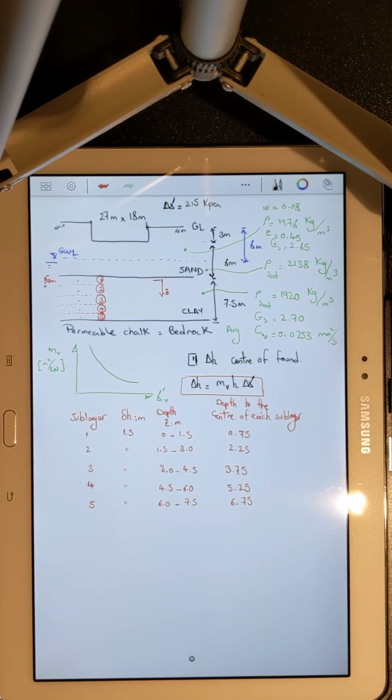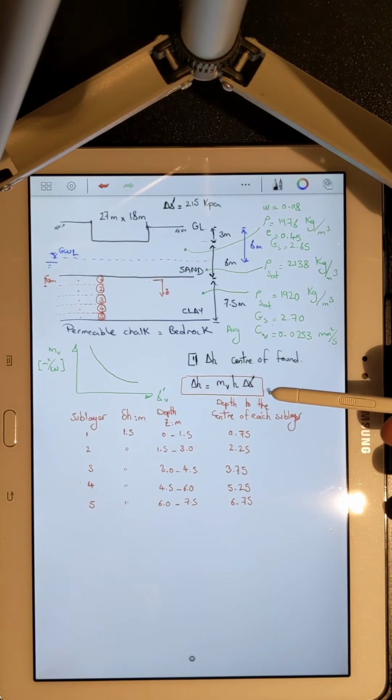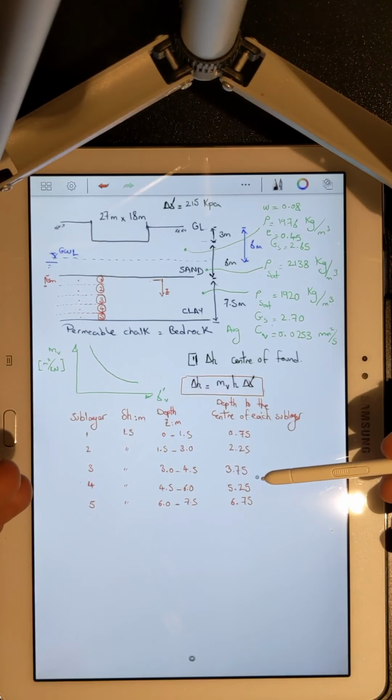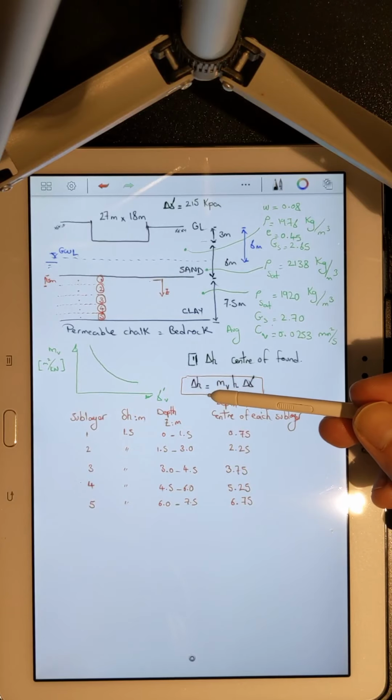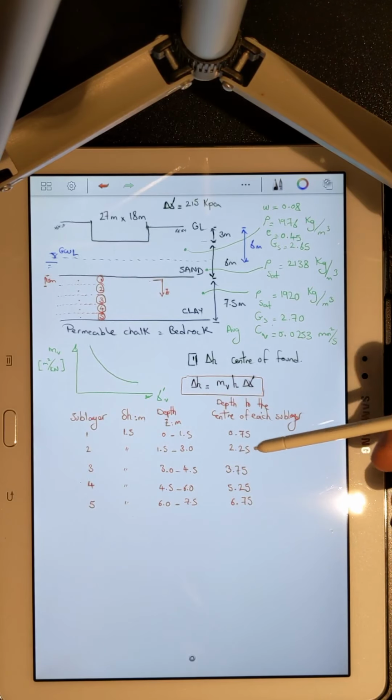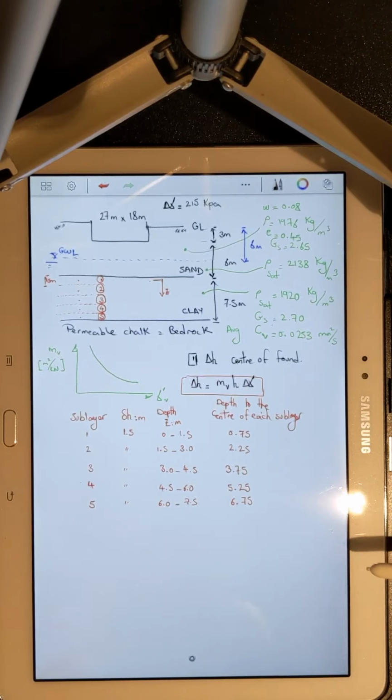Right. So now I have a number of sublayers and I can do my consolidation analysis for each of these sublayers to determine the delta H, the consolidation settlement, which impacts each of my 5 sublayers.